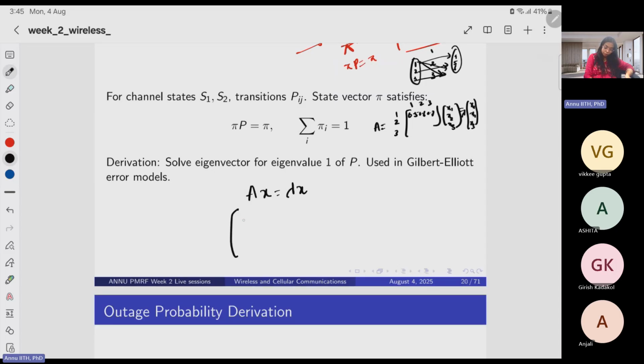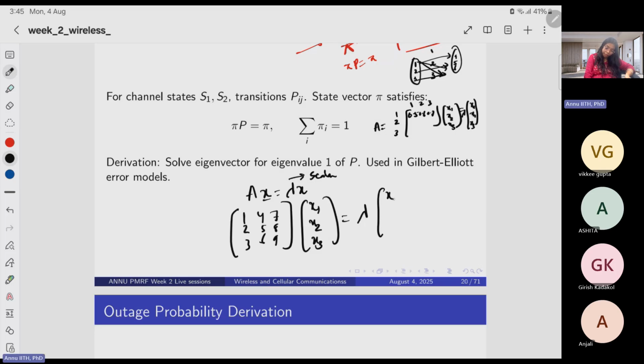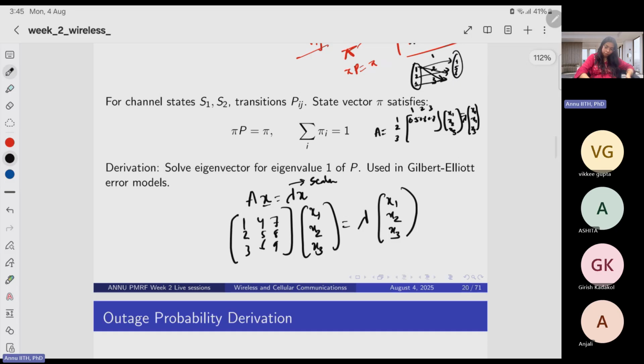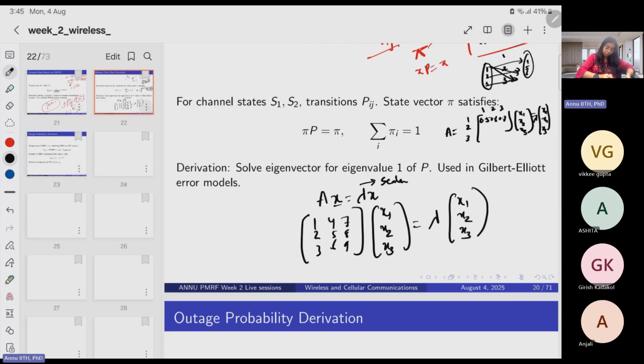Now A is, suppose, 1, 2, 3, 4, 5, 6, 7, 8, 9, and x is nothing but the vector x1, x2, x3. Lambda is nothing but any scalar, and you are also getting x1, x2, x3. What does this mean exactly?